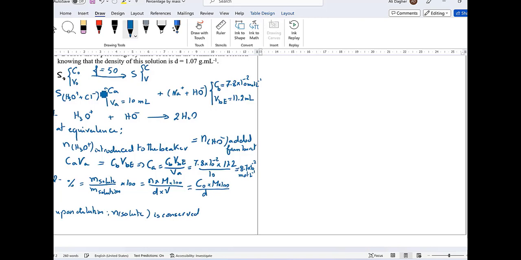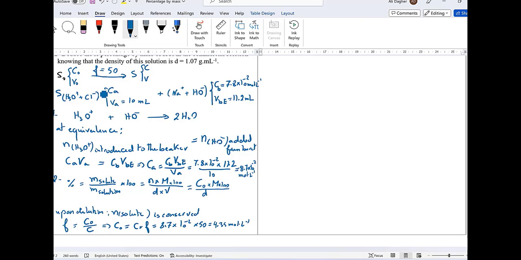That means F equal C0 over C, and C0 equals C times F, 8.7 times 10 negative 2 times F, which is 50, equal 4.35 mole per liter.